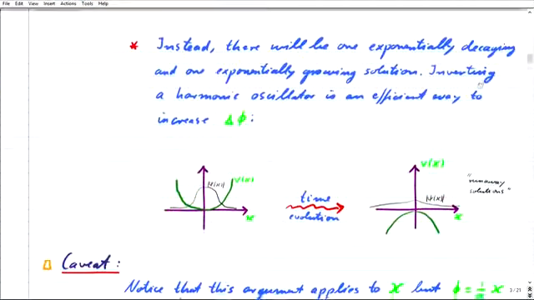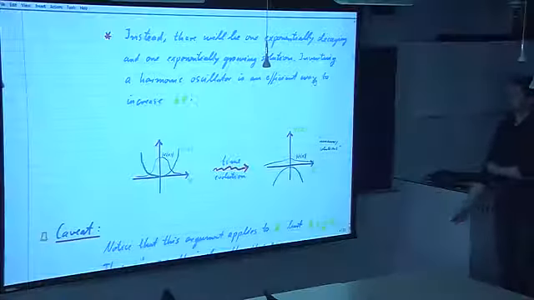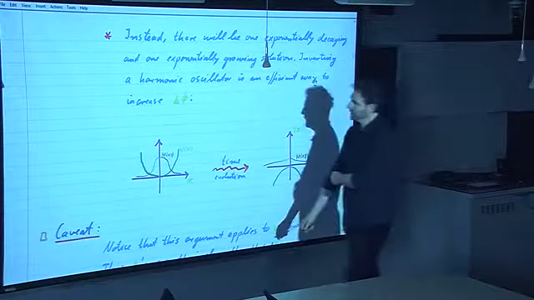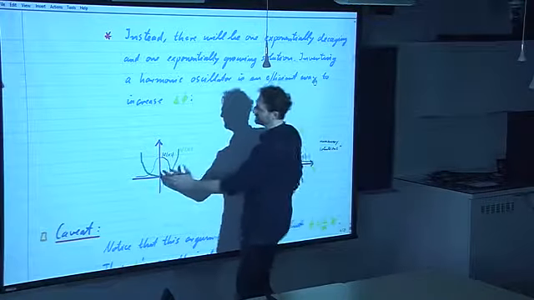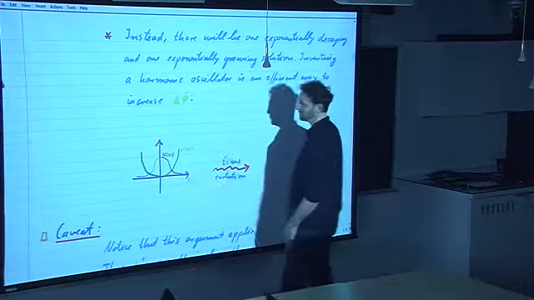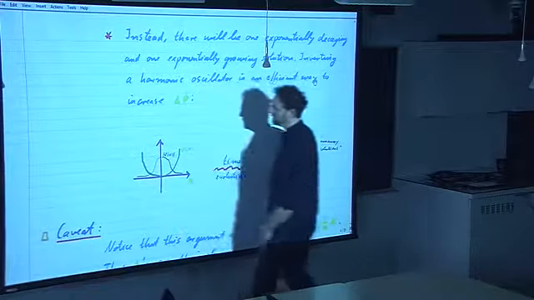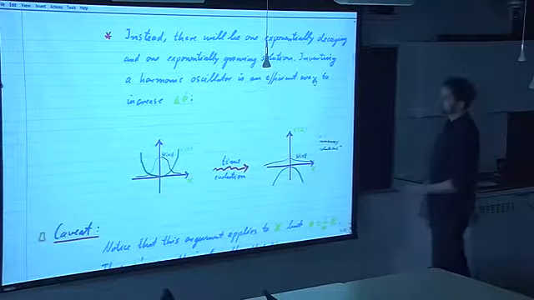So for a harmonic oscillator that has the ordinary potential, we have a Gaussian, for example, as a solution, and the Gaussian, the ground state, would just stay where it is. It's a stable thing.